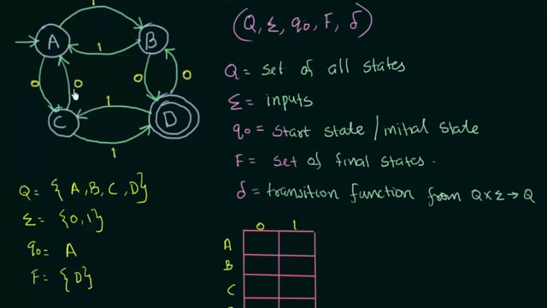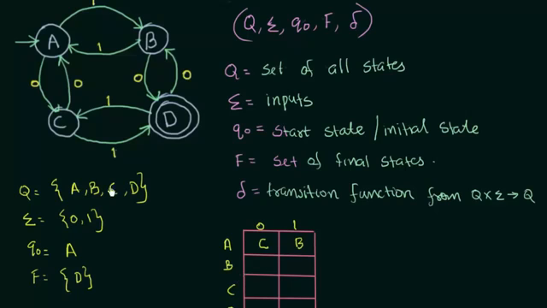Suppose I am in state A and I get input 0. It goes to state C, right? A to C. And if I'm in state A and I get input 1, it goes to state B.